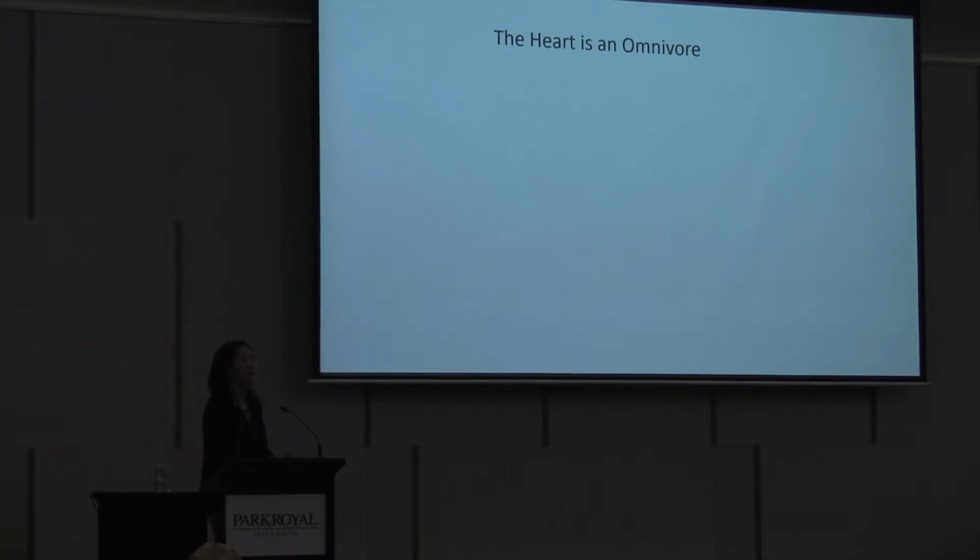As we know, the heart is an omnivore, and that means it can really feed on any carbon substrate. It's probably just as hungry as we are right now. In the adult heart, most of the food the heart takes is fatty acid.